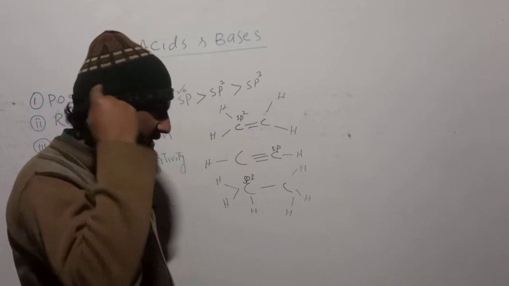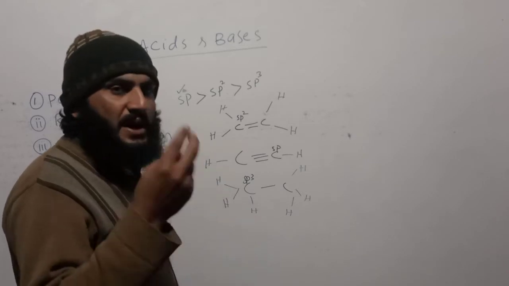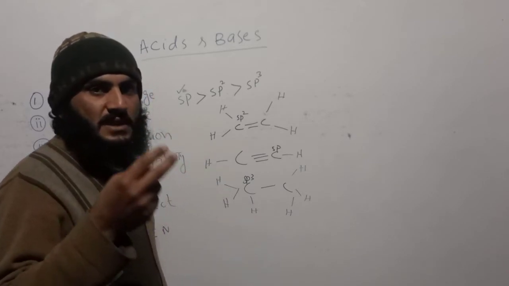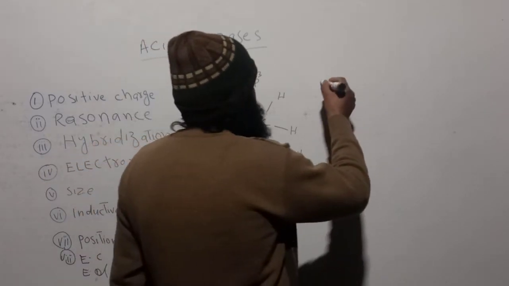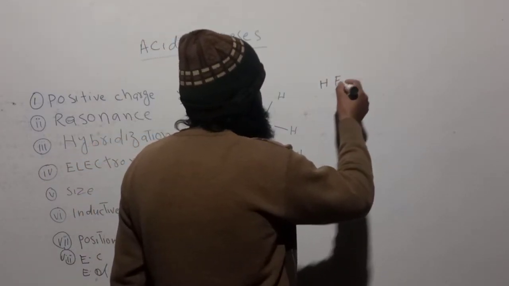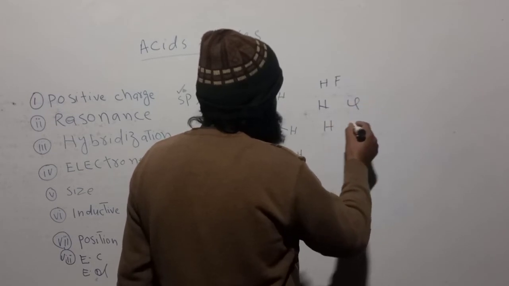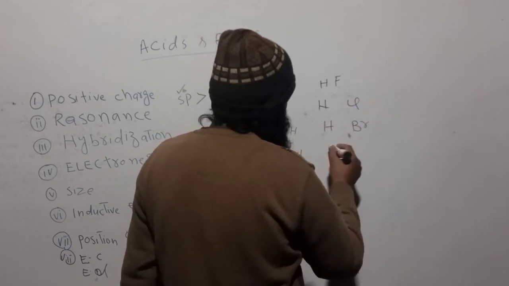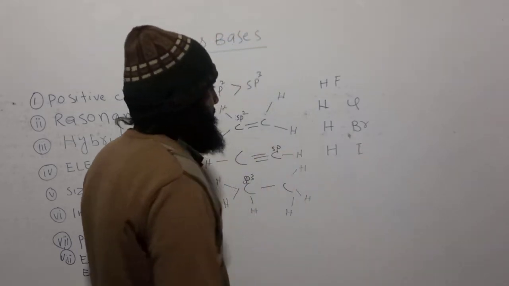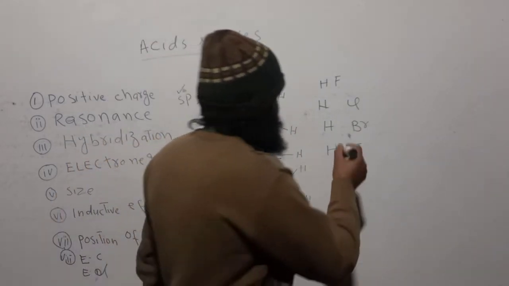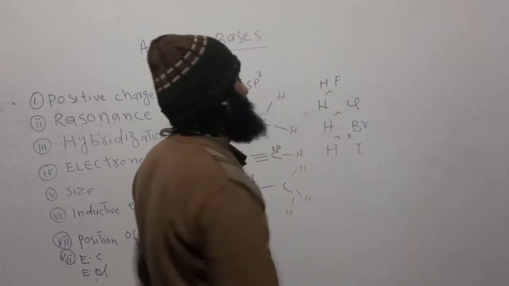For example, in hydride forms, for example in diatomic molecules, for example HF, HCl, HBr, HI. Clear? Here HI is more acidic than HBr, which is more acidic than HCl, and which is more acidic than HF.